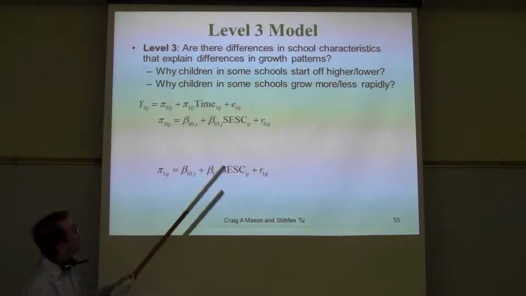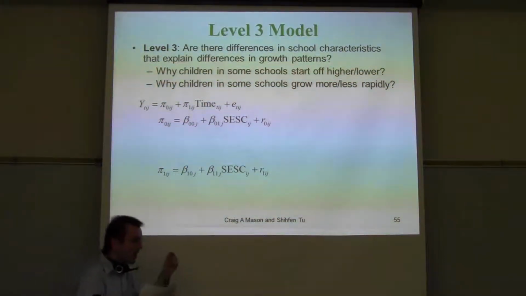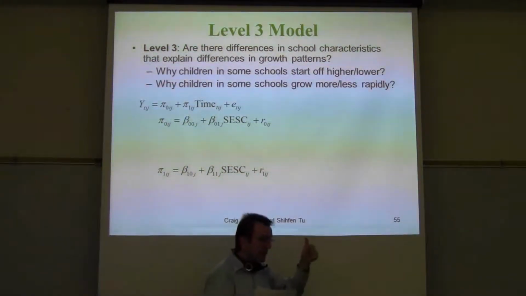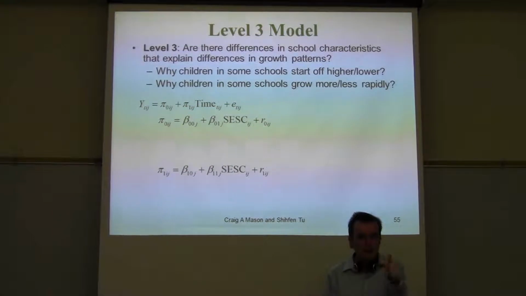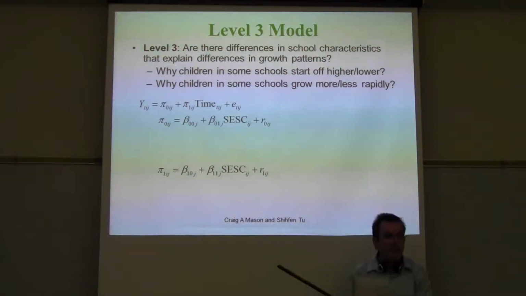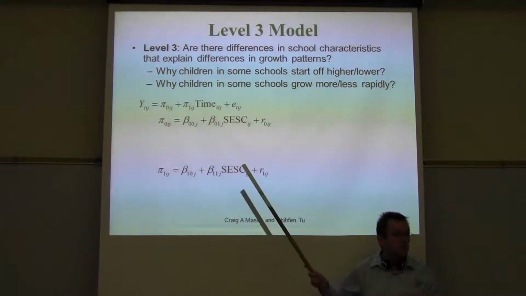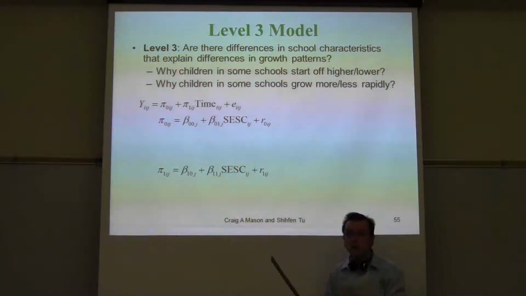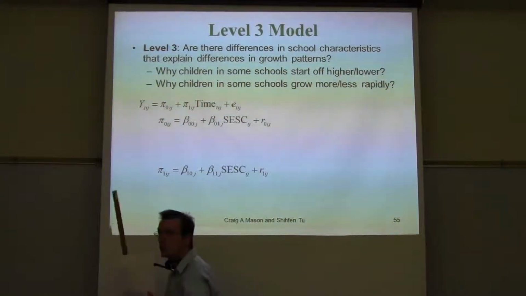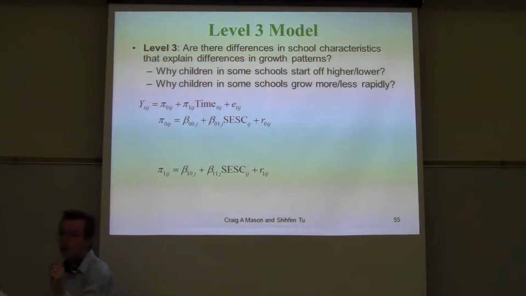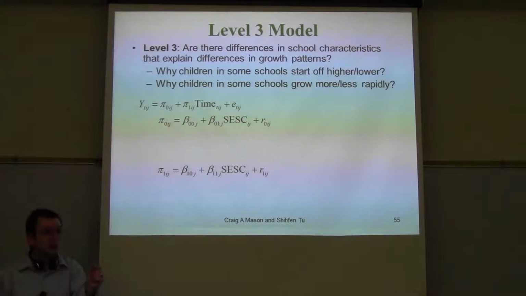So at the level 3 model, at level 1 we were saying, change over time, what's happening within that child. Level 2 we're saying, are there differences between kids? Level 3 we're getting at, are there differences between schools? Or I should say, level 3 is asking what school characteristics may explain those differences.